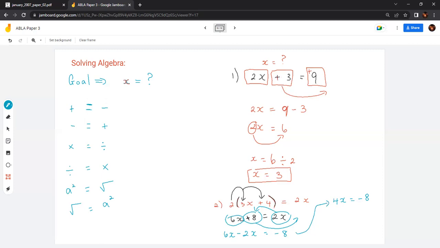But I want x alone. So I have to get rid of this 4. It is attached to the letter, so that means it's multiplying. So when it goes across, it becomes the opposite. 8 was the negative, 8 was there first. So when I carry across the 4, it was multiplying. So when it goes across, it's going to become divided by 4.